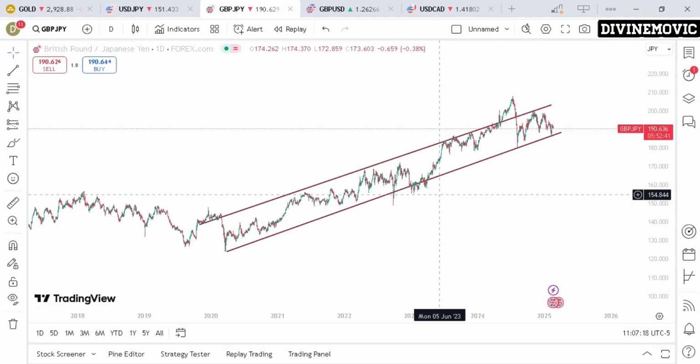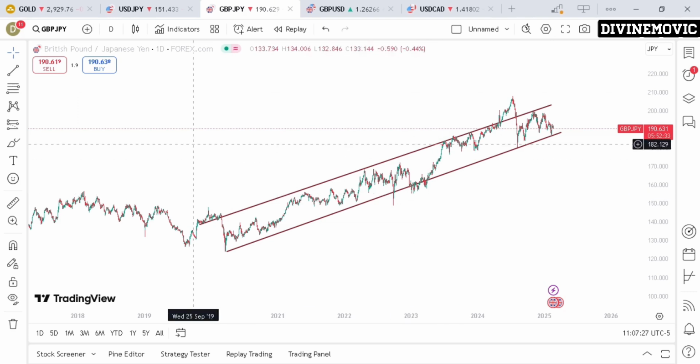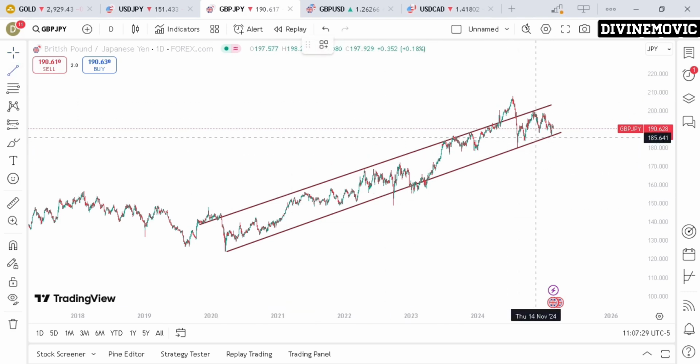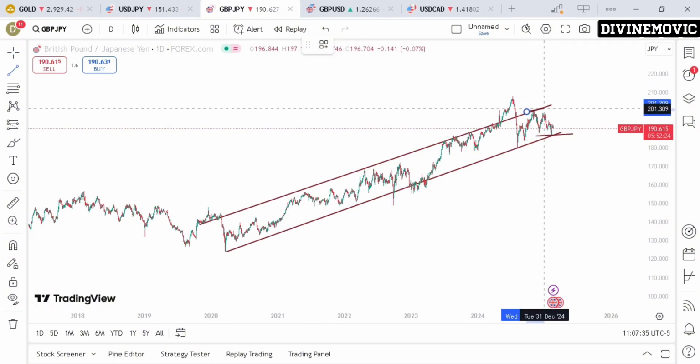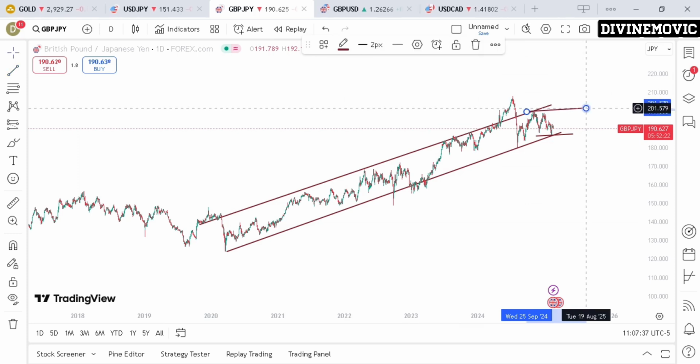And for us to know if price is going to go to this resistance, we want to identify the key level and use the key level to understand market structure. In this case, here is our support key level, and here is our resistance key level.